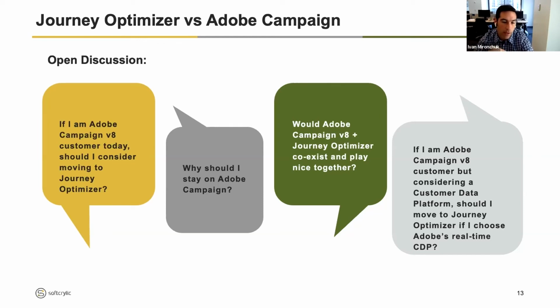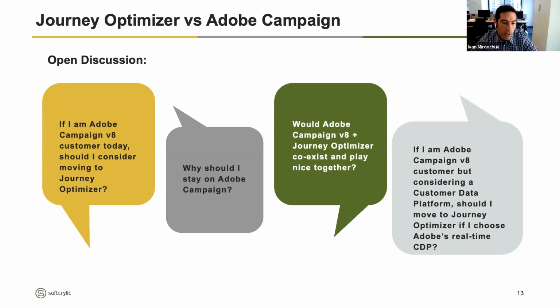I think what it really depends on is that the Journey Optimizer product itself, from an email delivery perspective, still has a lot of catch up to do, to where we can hit a lot of the same use cases that are available in Campaign Classic.